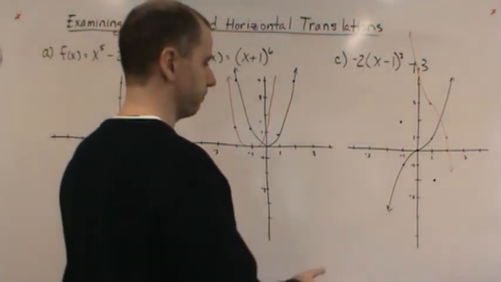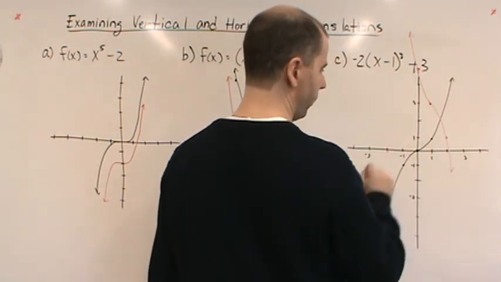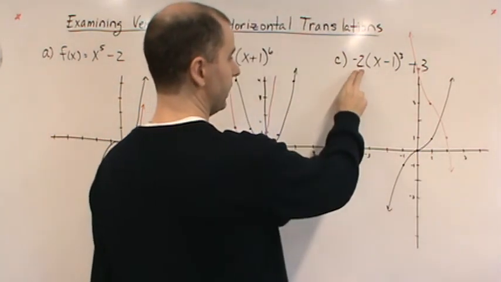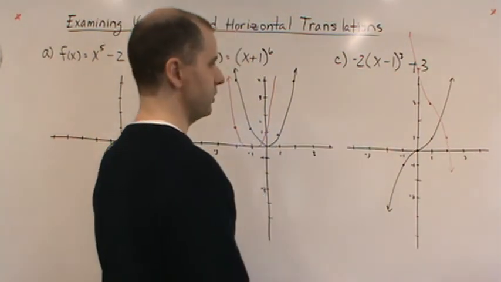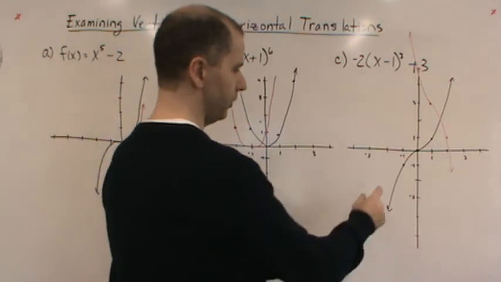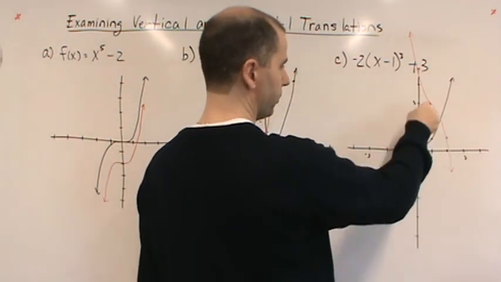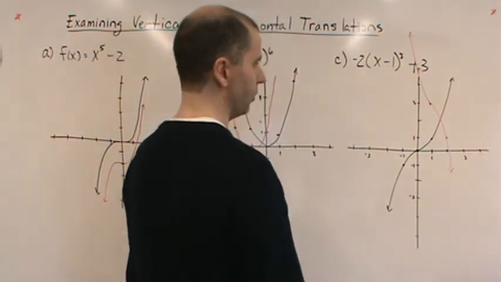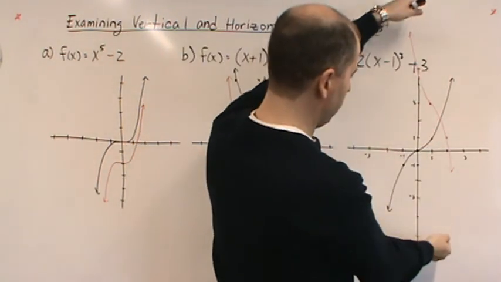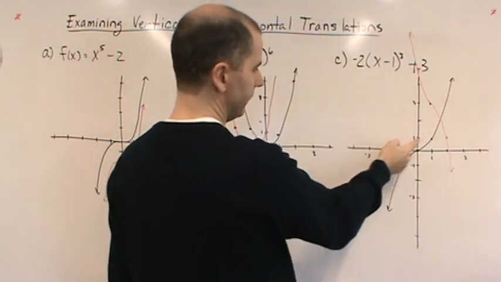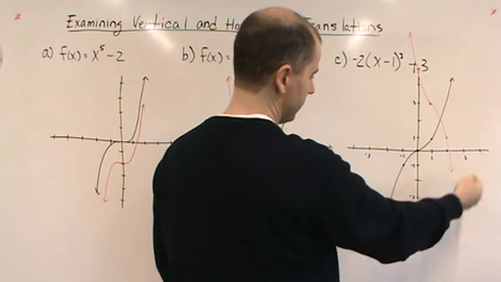By just using these 3 points and understanding the reflections, translations, and transformations going on, you can move those 3 points around, and with them you get a general idea of the graph. This is a vertical stretch, so it's narrower, and then you reflect it, so now instead of doing this, it does this.